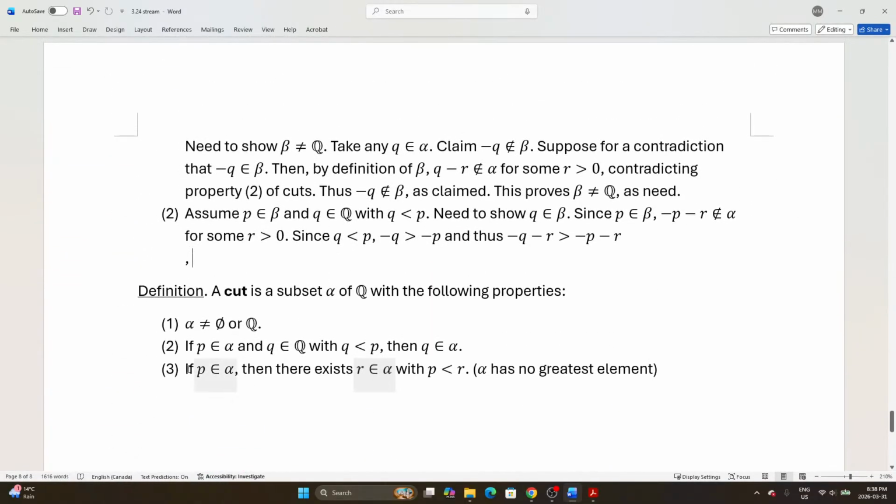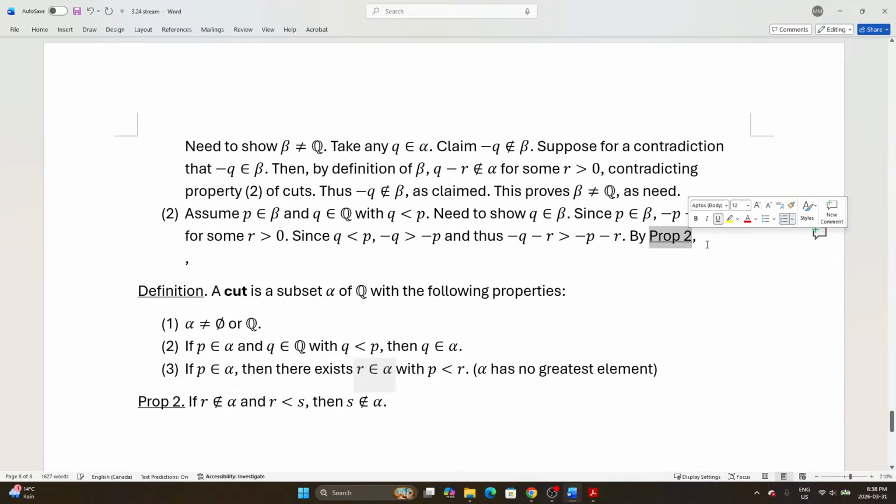Okay, let me put that down. By property 2, we have minus q minus r is not in alpha.